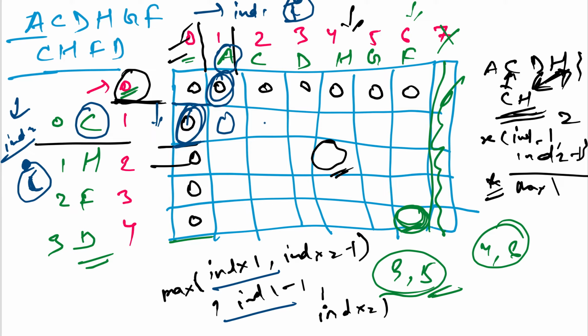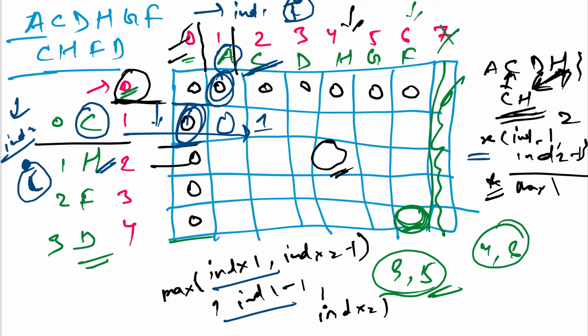And in this case, let's see if C and H match or not. C and H don't match. No, not C and H, C and C, right? These two match. So we are doing 1 plus, decreasing both the indexes: 1 plus this one, I minus 1, j minus 1, this is 0, and we incremented 1, so it will be 1.